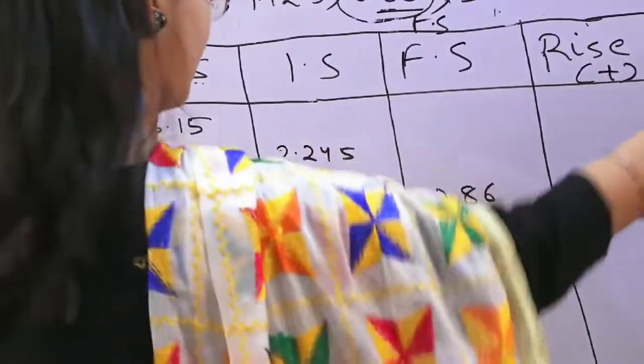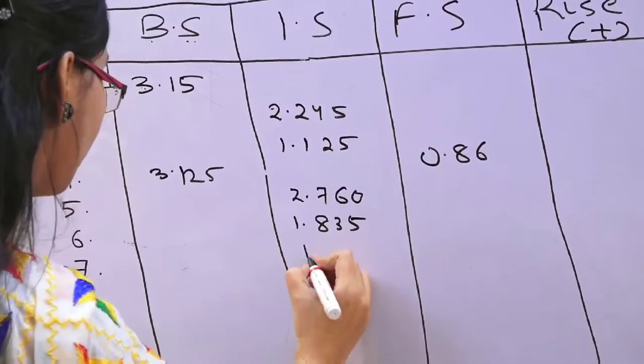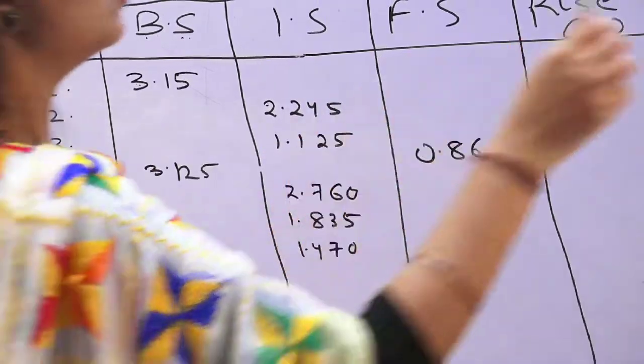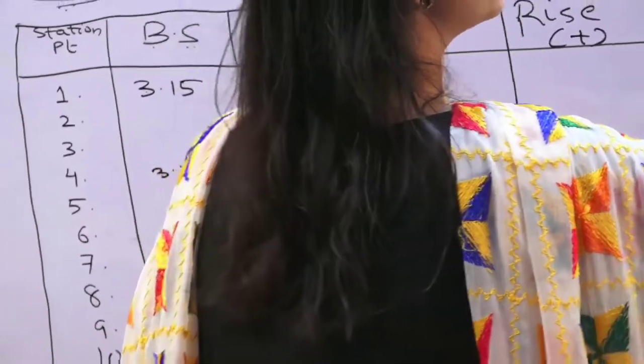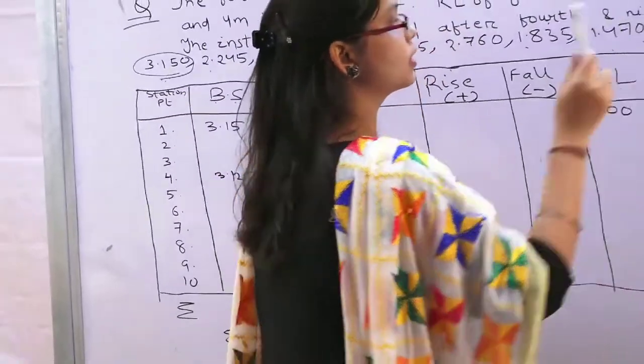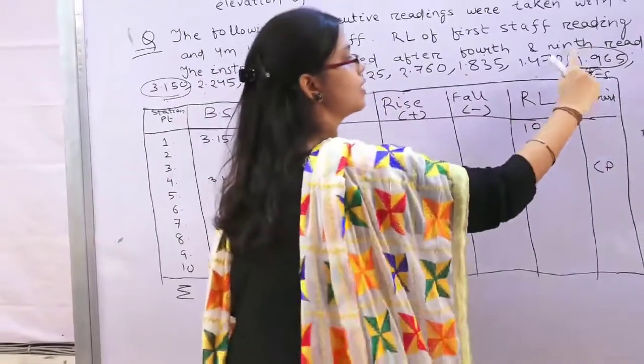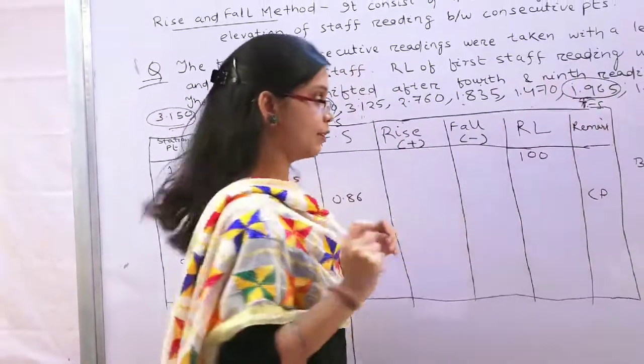And this one is also 1.470. Now after the 9th, the shifting of the instrument occurs, so this is the last staff reading or the 4th side reading.